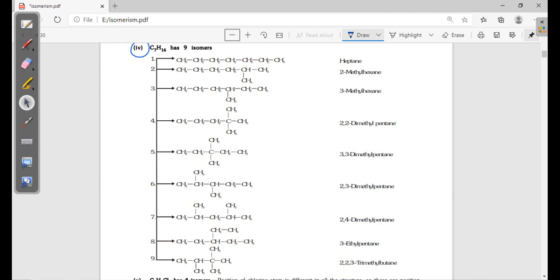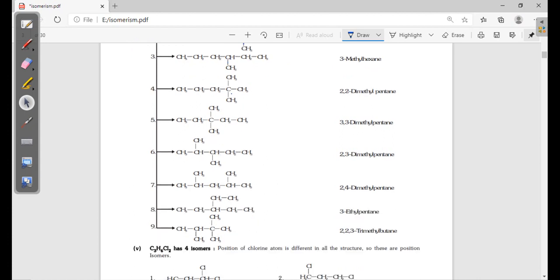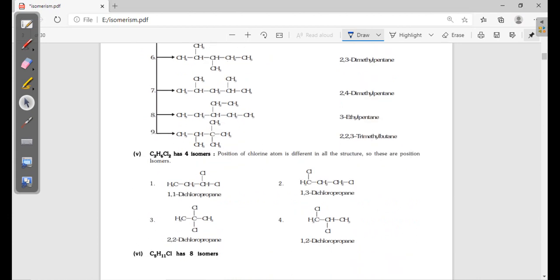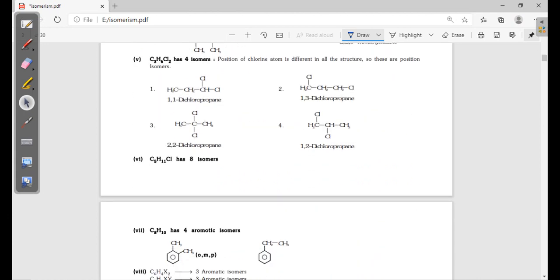First you take the long chain, then 1 methyl substitution with different positions, then 2 methyl, 3 methyl, then 2 substituents on the second carbon, then the third carbon, then at different carbons. Next, ethyl substitution, like this. These are the isomers.